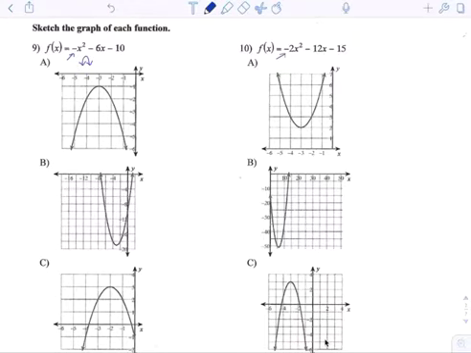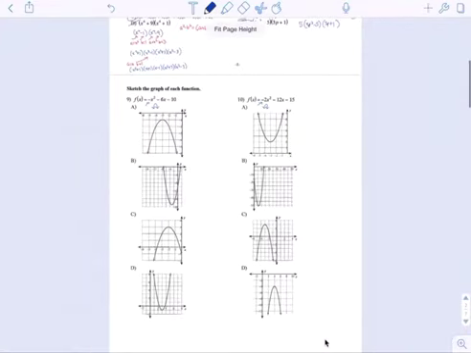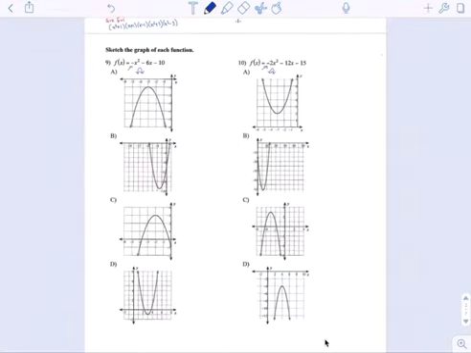And for this one too, it's going to be negative, so that means it's a sad face. Now when you take a look at these, this one is not a sad face, that one's not, that one's not, and that one's not. So all we're left with is those.